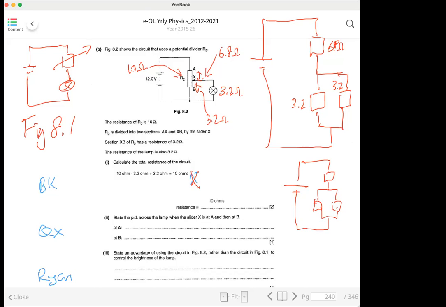I will not recommend you to memorize, but it is not wrong to memorize. Chelsea, can you write your answer onto the screen?